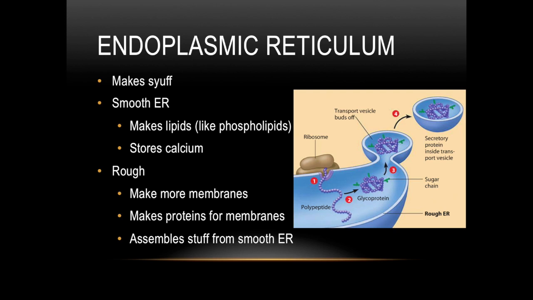So the smooth ER makes lipids, but the rough ER makes membranes. The rough ER assembles them because it's also making the proteins that are going to be embedded in the membrane. So the rough ER assembles what was made in the smooth ER.